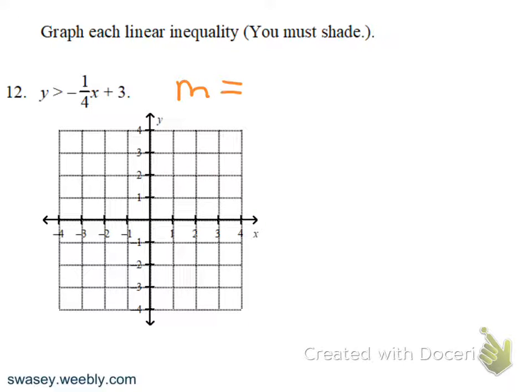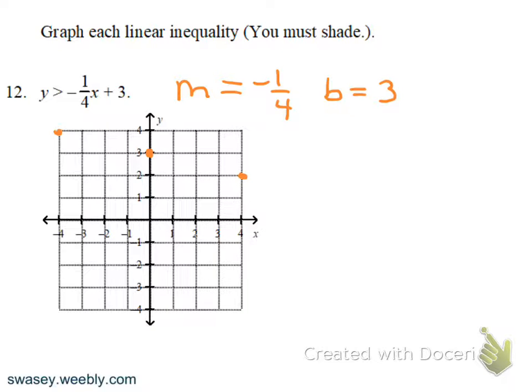All right, we have a slope of -1/4, y-intercept of 3. So plot a point at 3, go down 1 to the right 4. You can also go up 1 to the left 4. Now this time, for inequalities, we have to decide if it's dashed or solid, and then also if it's going to be shaded above or below.